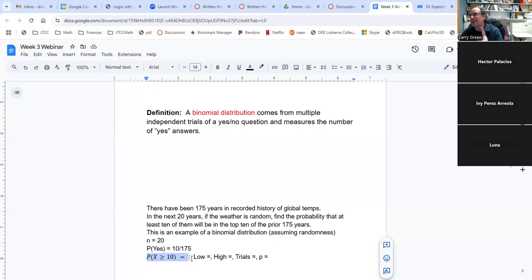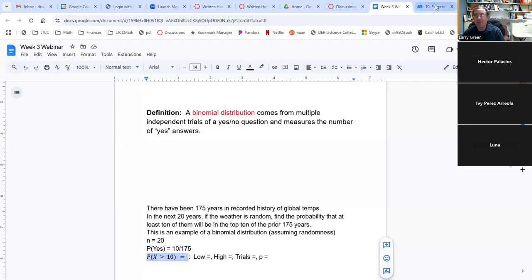Hopefully it's obvious by now, because now we're in week 3 and we've done it a bunch of times. How are we going to find the probability? Okay. Maybe I'll tell you.